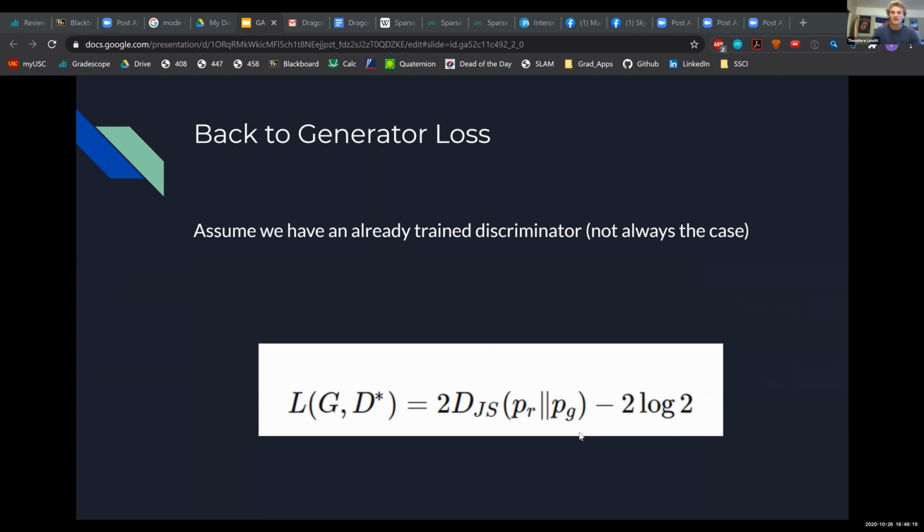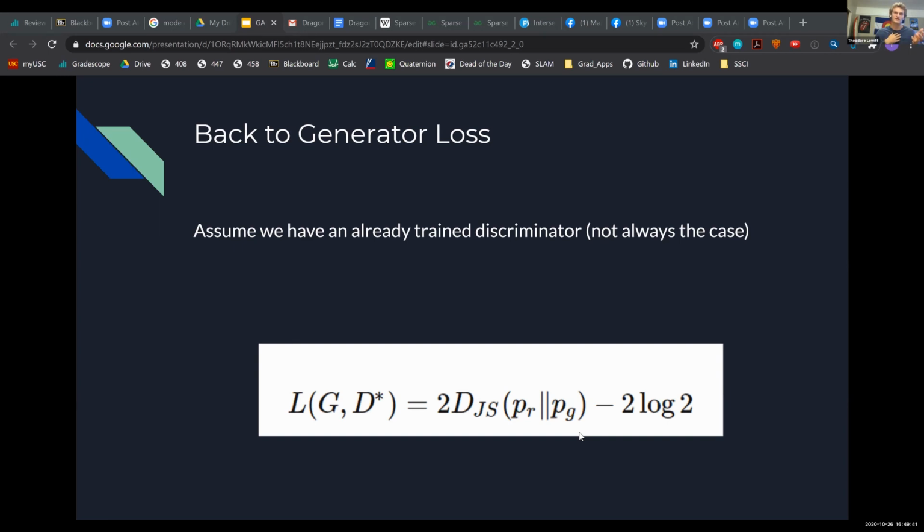There's a little fudging that goes on with assuming that your discriminator is perfect. But in practice, your discriminator trains much, much faster than your generator does. So it's a good assumption that your discriminator can be thought of as the perfect discriminator, and you're only looking to minimize the loss of your generator term.